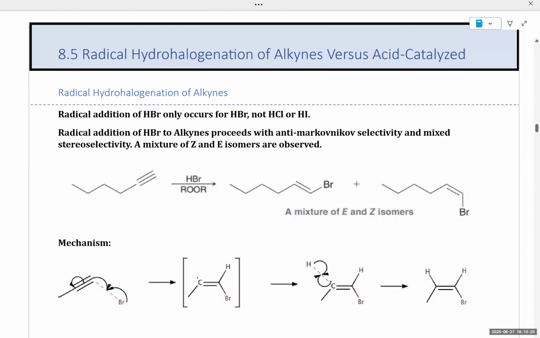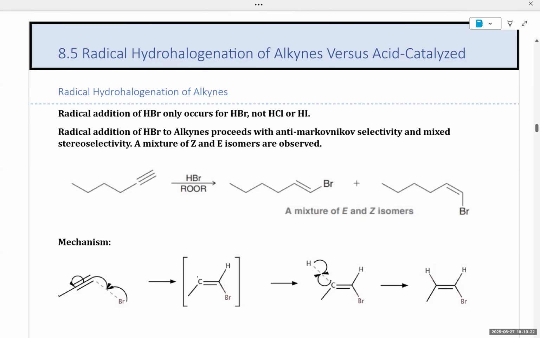Let's talk about radical hydrohalogenation of alkynes versus acid-catalyzed. So radical addition of HBr only occurs for HBr. If you're dealing with radical hydrohalogenation, only use hydrobromic acid.